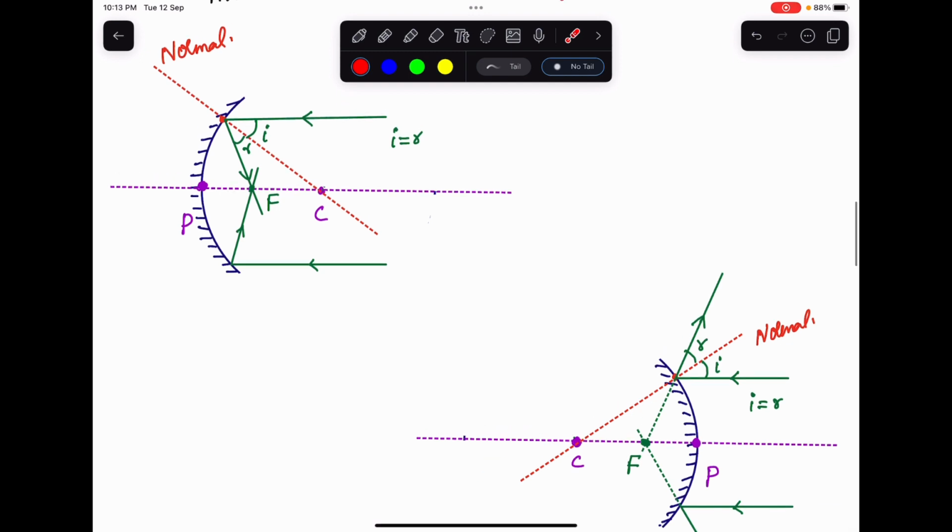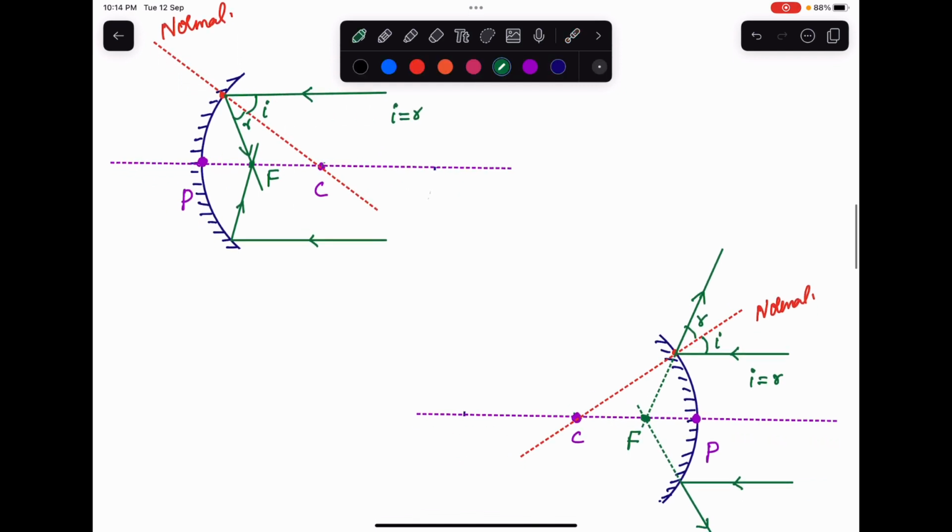Once again, the point on the principal axis where reflected rays of a parallel incident beam directly meet or appear to diverge is called focus, focal point, or principal focus.